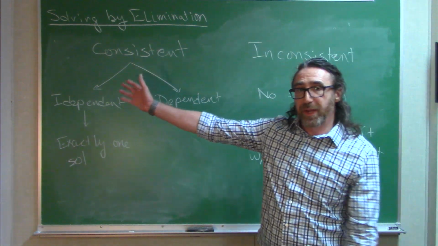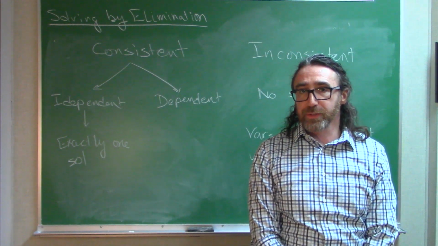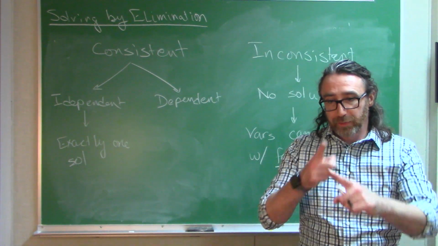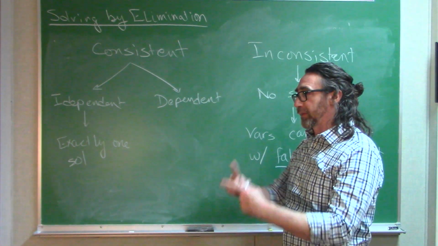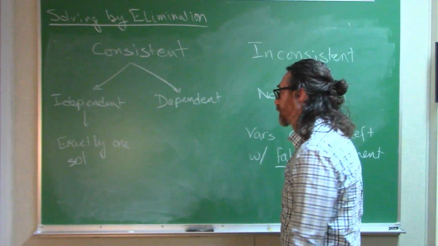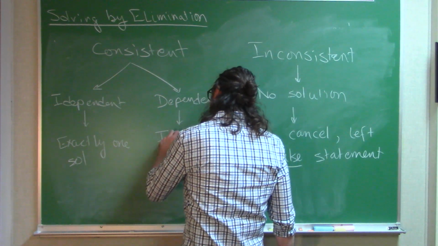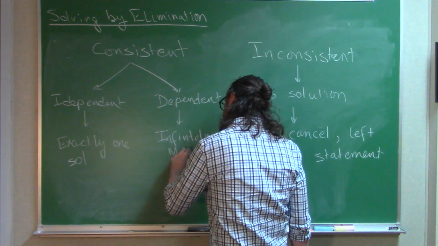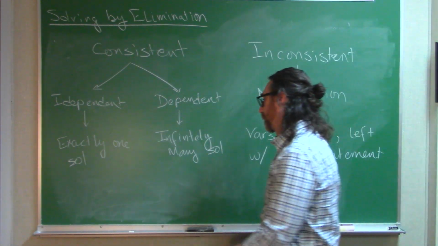If your system is independent, you have a system of independent linear equations, then there will be exactly one solution. That's the case where we have two lines and they cross in one spot, and the coordinates where those cross is the solution to our system. It could turn out that your system is dependent, in which case you have infinitely many solutions.